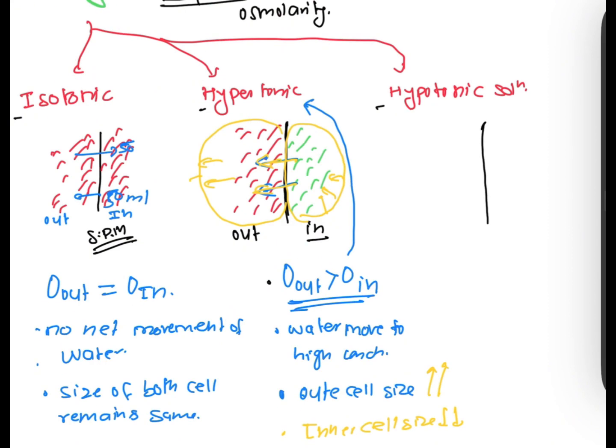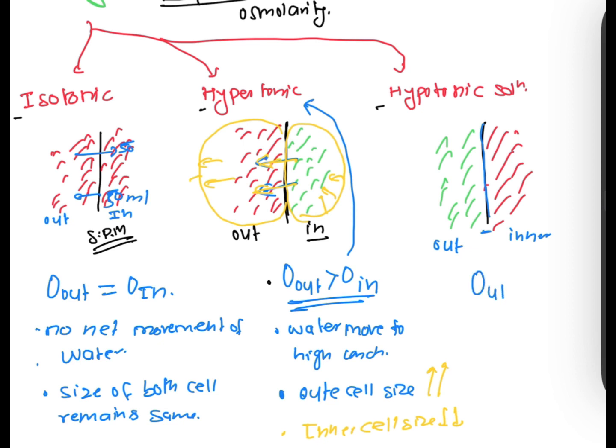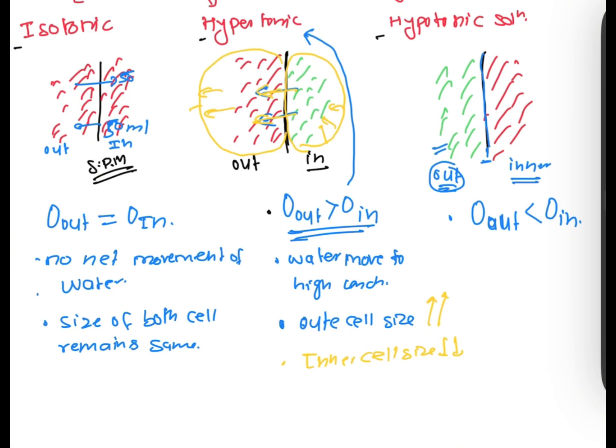In case of a hypotonic solution, when one solution has lower osmolarity than the other, the lower osmolarity solution is called the hypotonic solution. In this picture, the outer solution has lower osmolarity, so this is a hypotonic solution. When there is a difference in osmolarity between two solutions, there is movement of water.